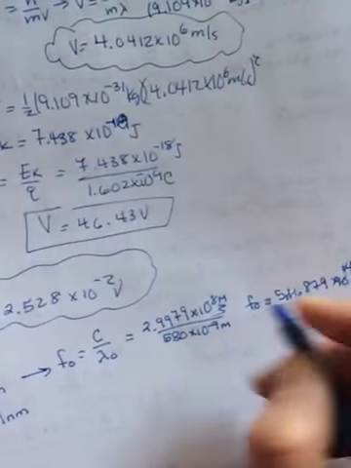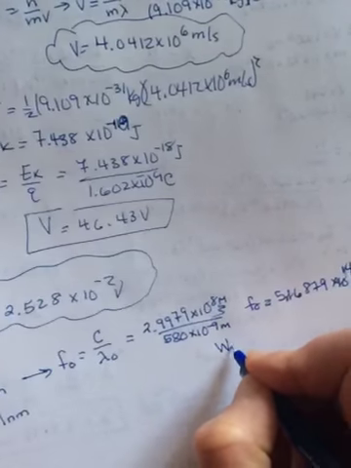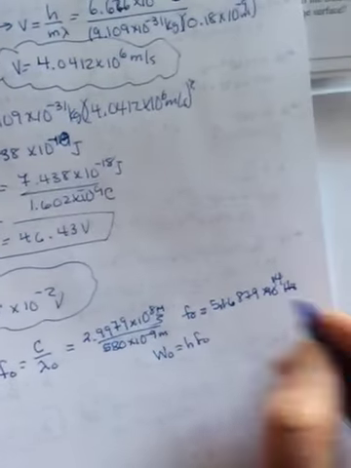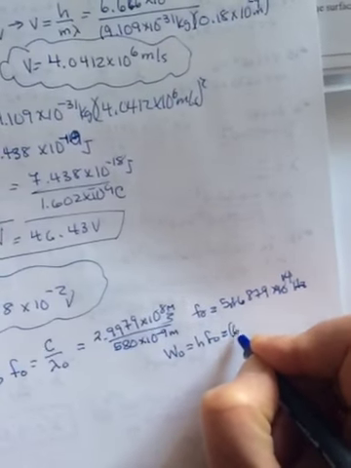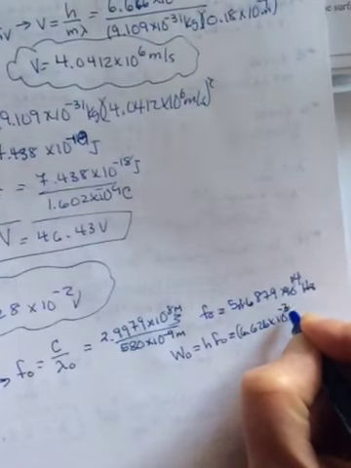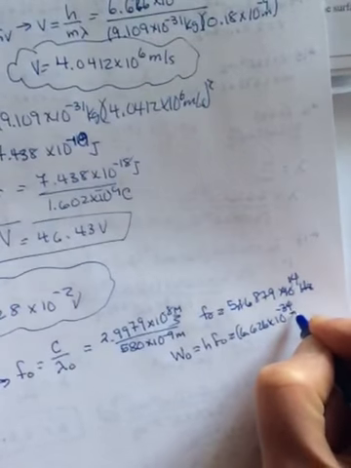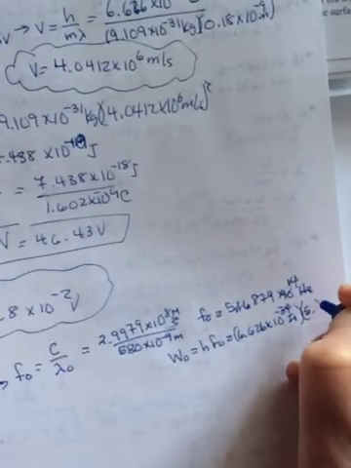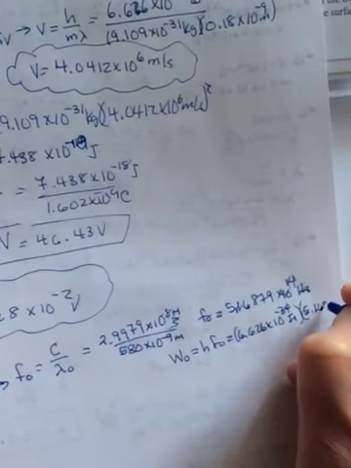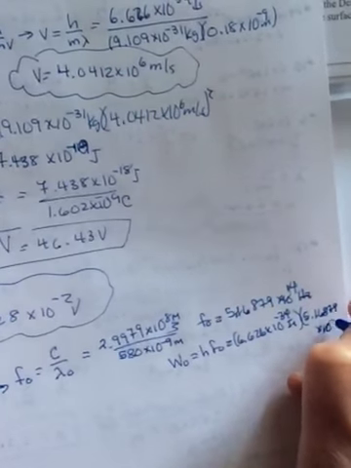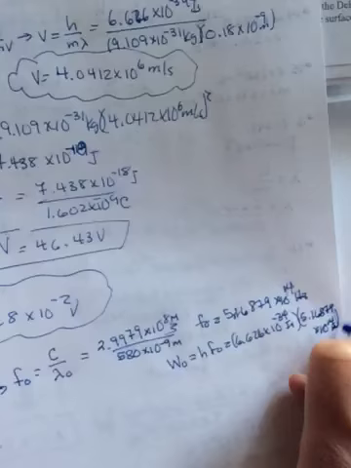That's our F O. Of course we can get W O equal to h F O, so it's 6.626 times 10 to the negative 34 joule seconds times 5.16879 times 10 to the 14th hertz.